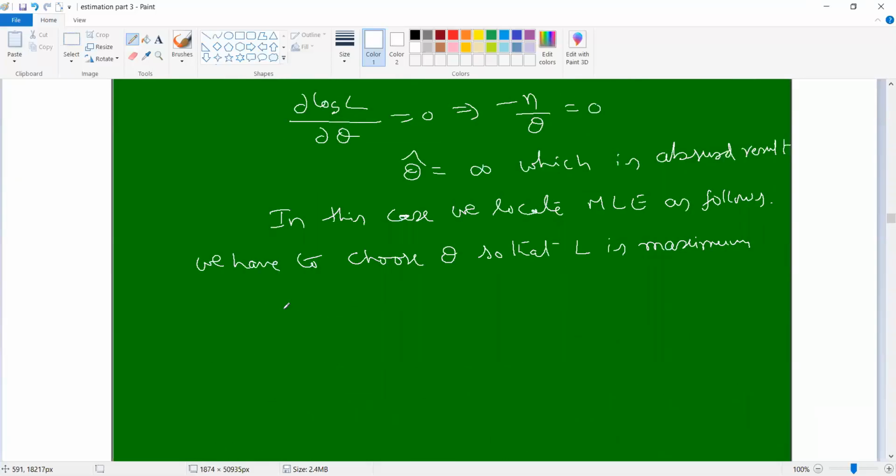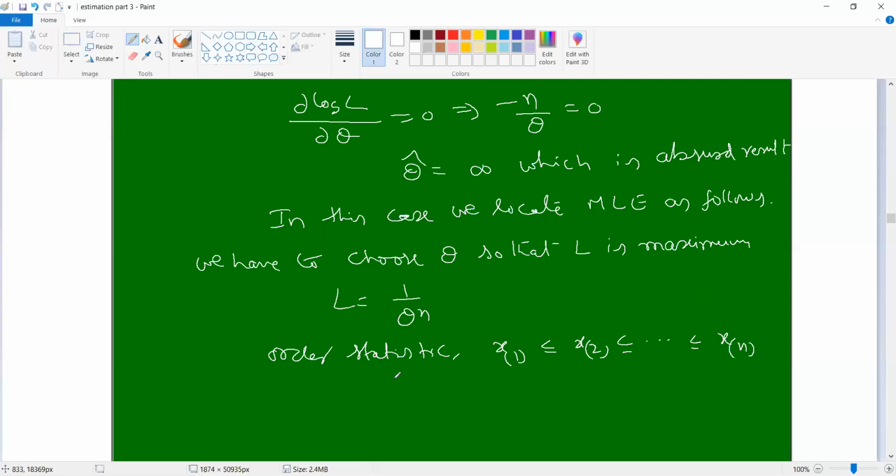So now here L is equal to 1 by theta power n. So L is maximum when theta is minimum. In this case, we have to use the order statistics technique. Let x1, x2, ..., xn be a random sample drawn from this population, the continuous uniform distribution. x1 order is less than or equal to x2 order, less than or equal to and so on, less than or equal to xn order.